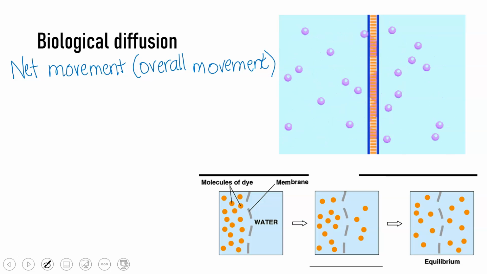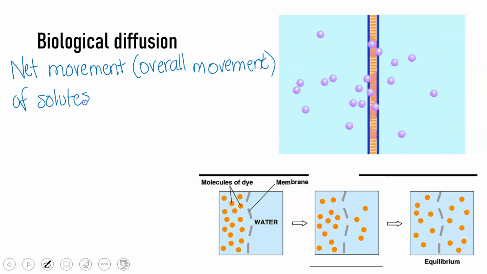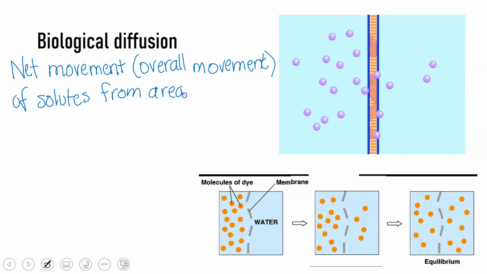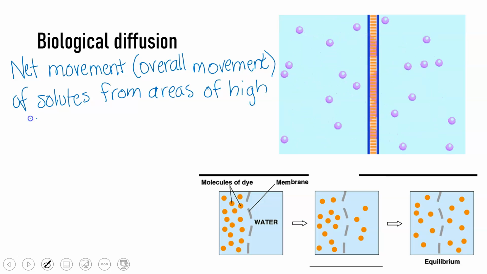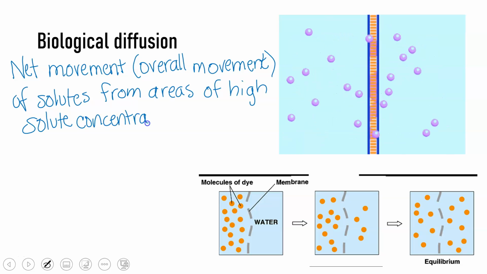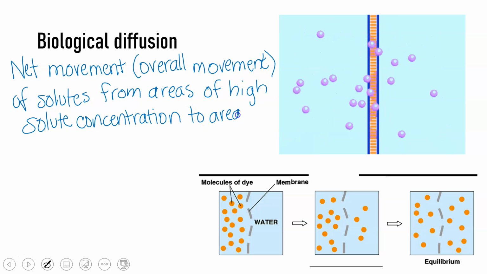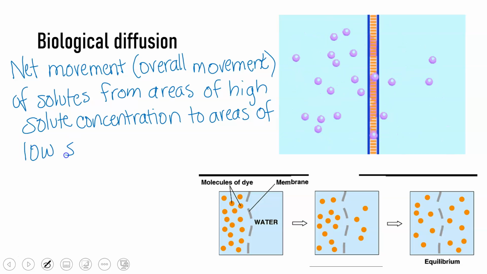So it's the net movement of solutes from areas of high solute concentration to areas of low solute concentration.